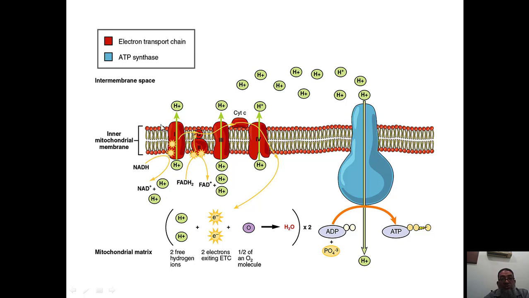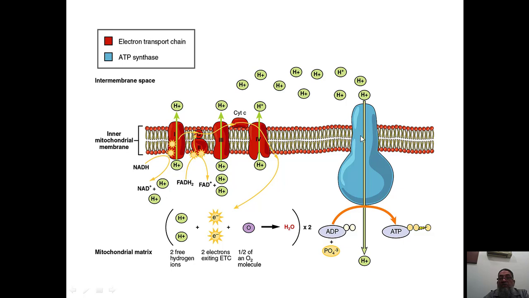This is the transmembrane protein. This is the peripheral protein. Q enzyme is also a peripheral protein. 1, 2, 3 are the transmembrane proteins, and cytochrome C is the only protein of the electron transport chain which is located within the intermembranous space.